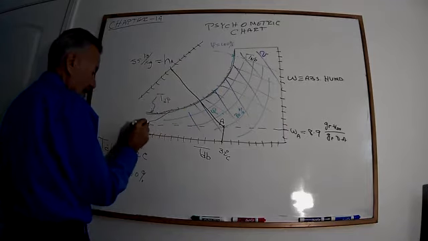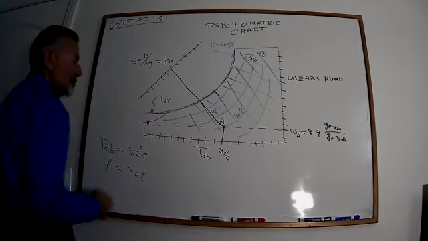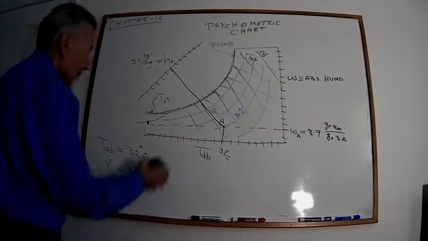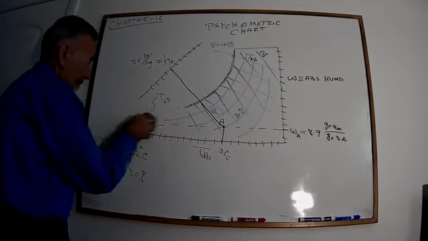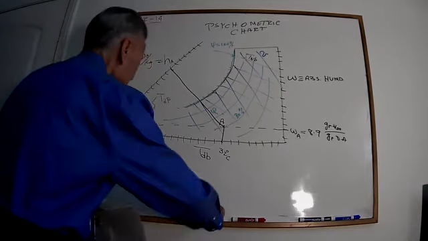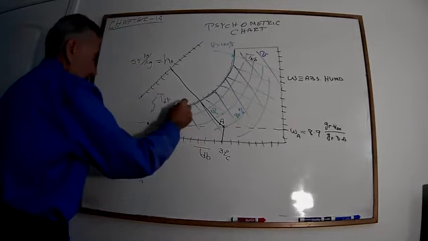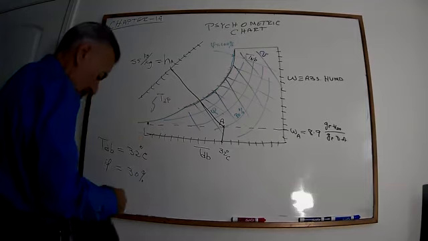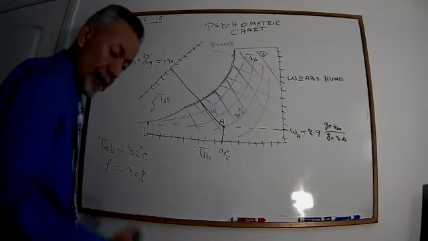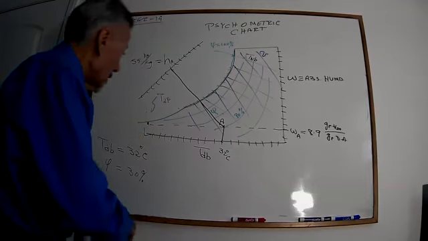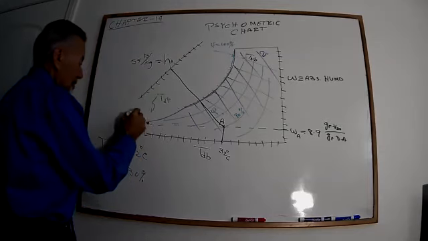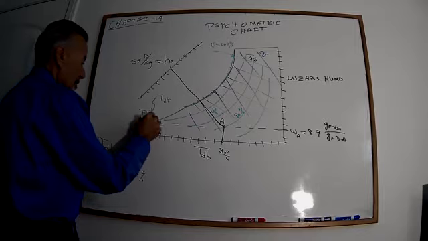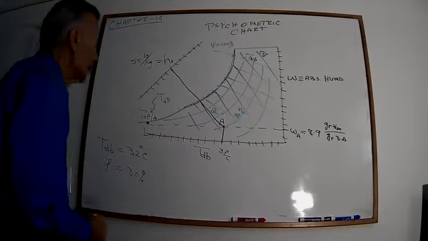Until I hit the 100% saturated line. So this becomes my dew point temperature for A.